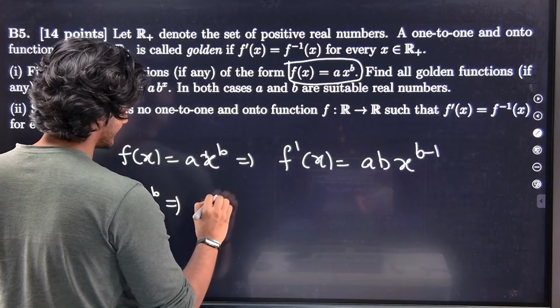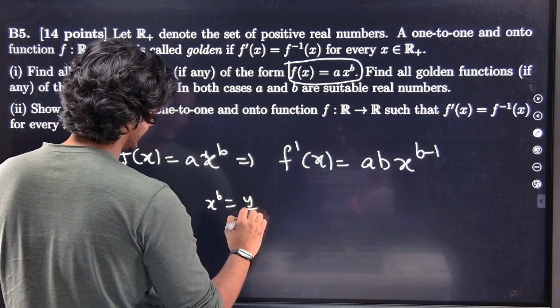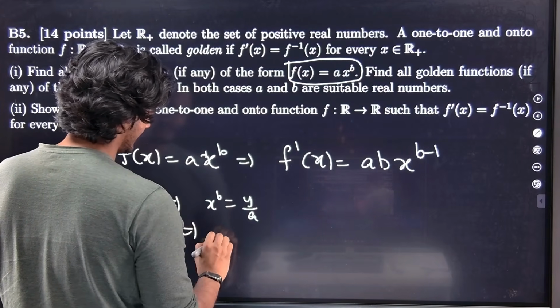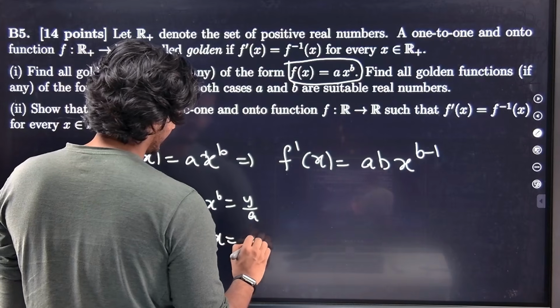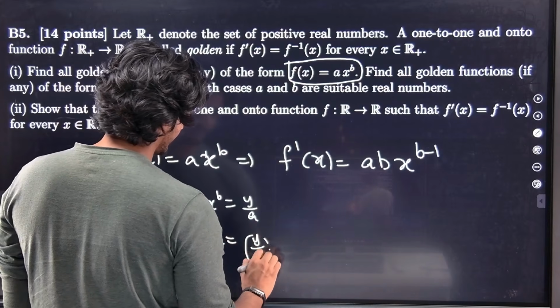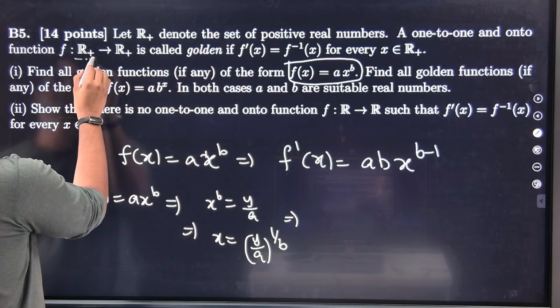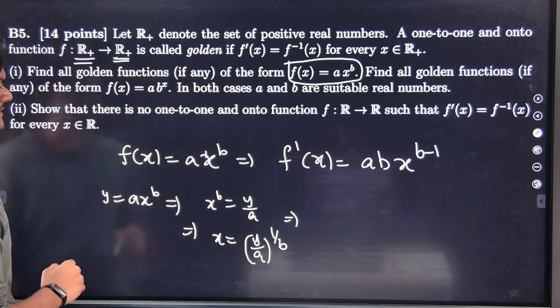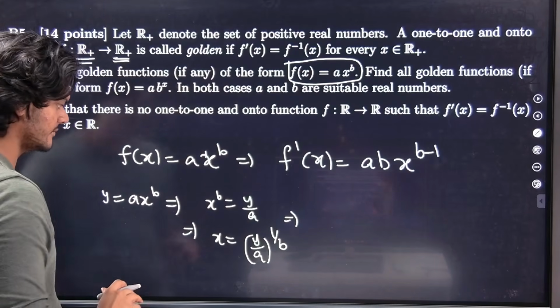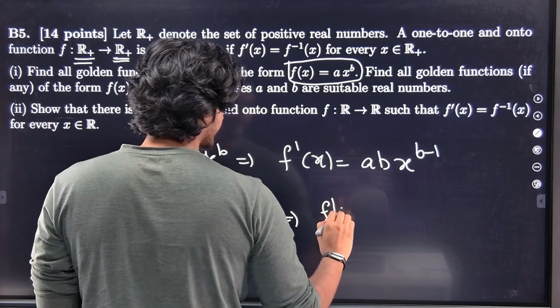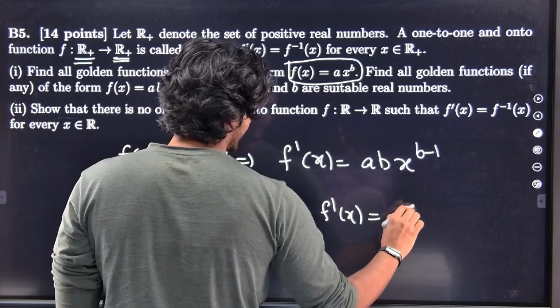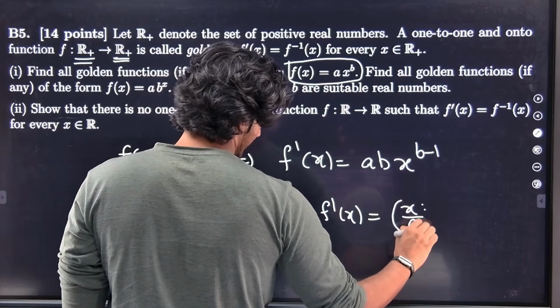That will imply x power b is equal to y by a. That will imply x is equal to (y by a) whole power 1 by b. Since we are talking from R plus to R plus, it is totally possible. It is no problem. So f inverse of x, I would say, is (x by a) whole power 1 by b.